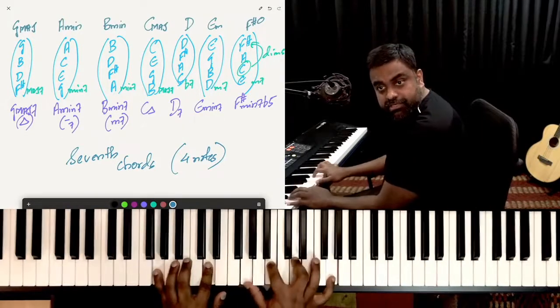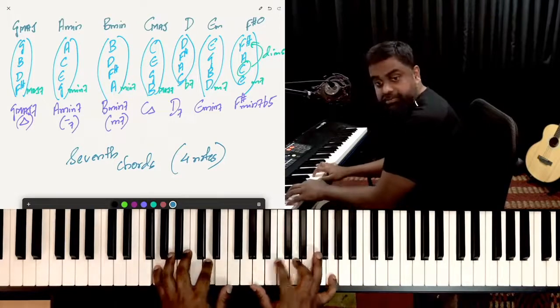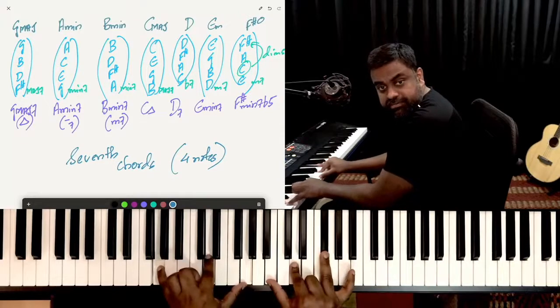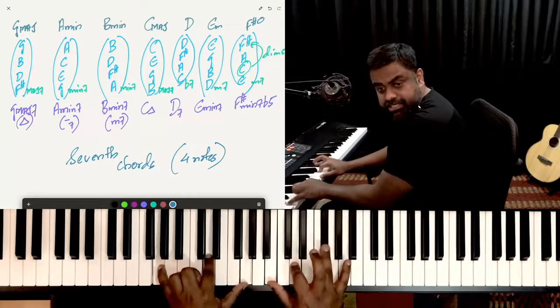a G major chord like this, you can make it more sophisticated by doing, it's still the G major, but I'm adding the major 7 there.